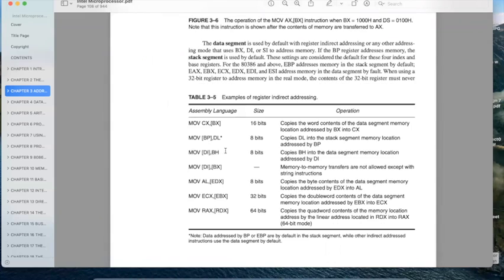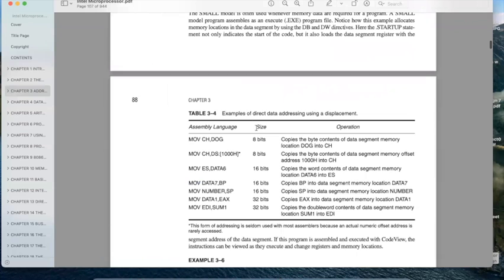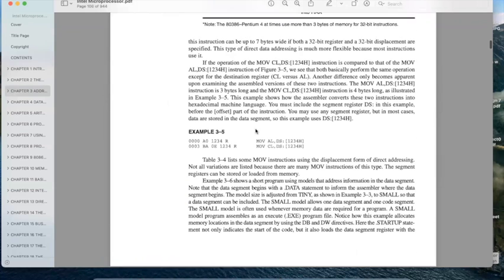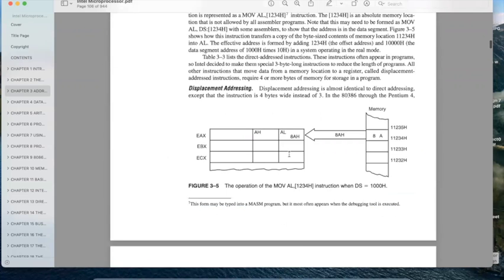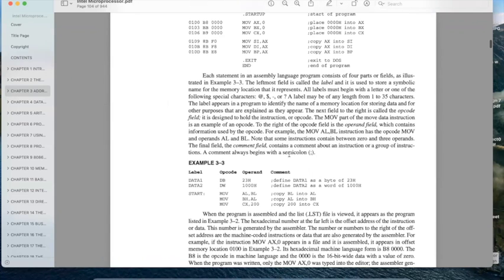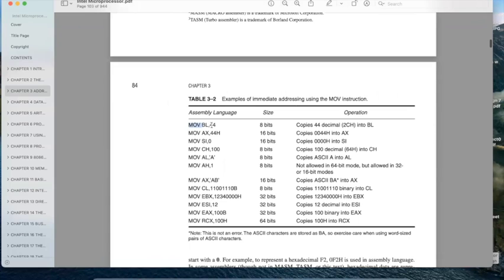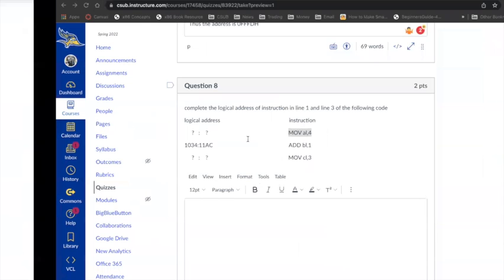They have given these commands and told what the size of each command is. For example, move AL to a number has a size of 8 bits, or BL to 44 has a size of 8 bits. It's all in your books.